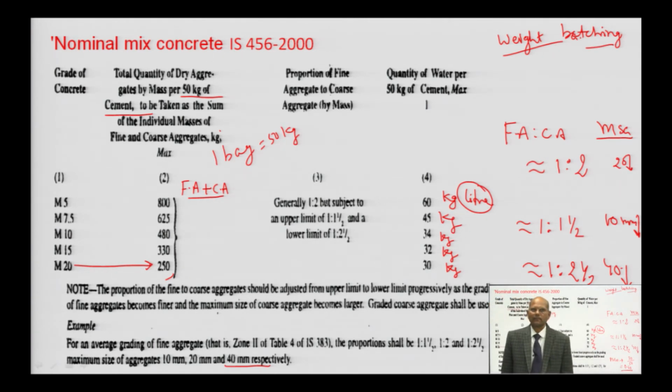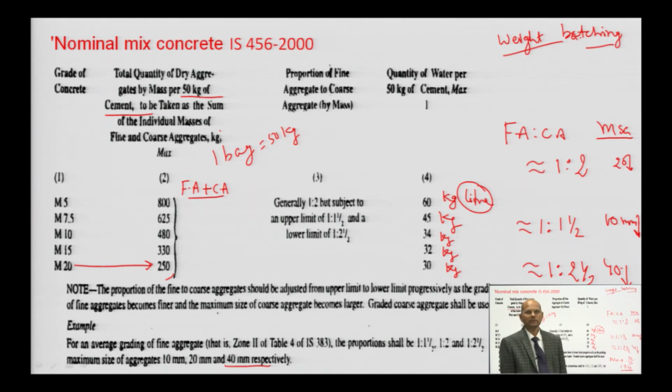But this design is meant here. If you consider the IS 1978 code, there they are using the volume mix. That is still in practice in the field, but they should not do it because the volume of cement varies. If it is packed, the volume is around 29 liters, but when you open the bag, it will expand to around 32 to 42 liters.